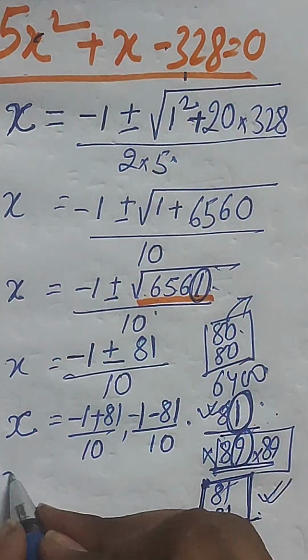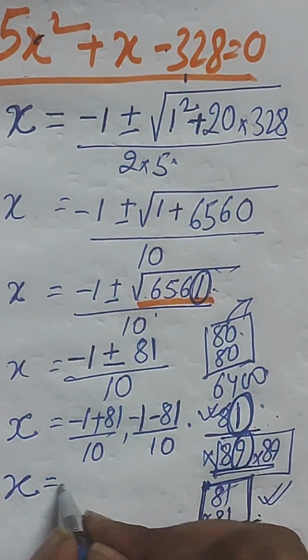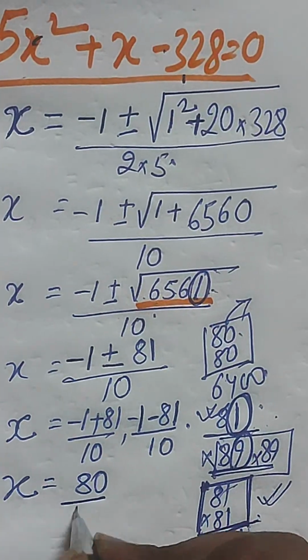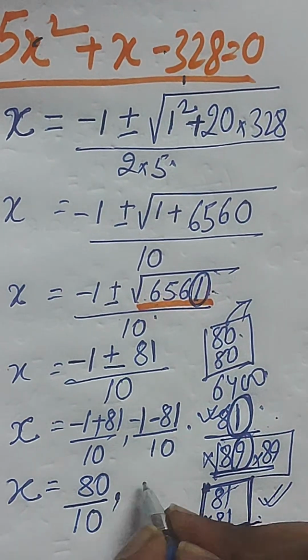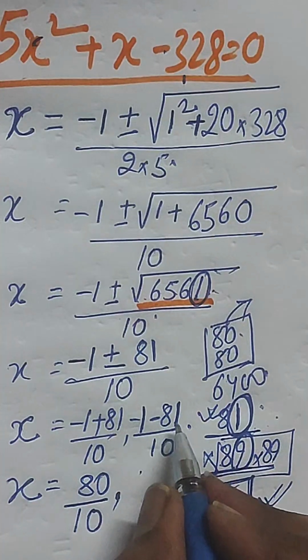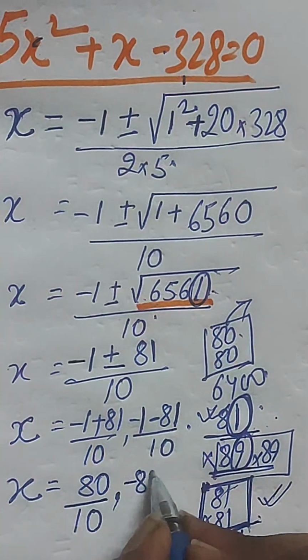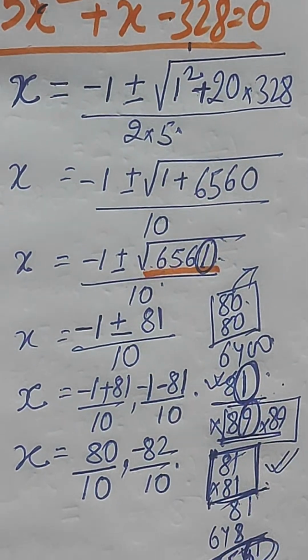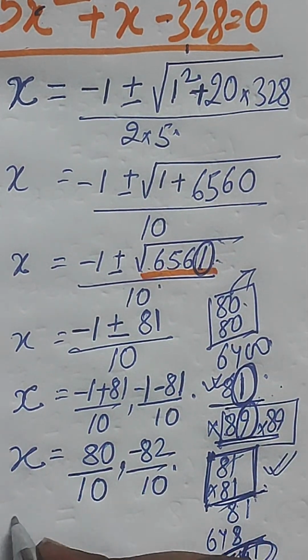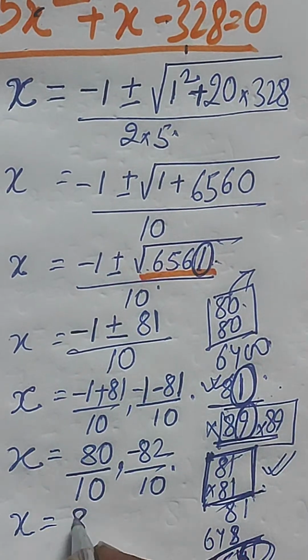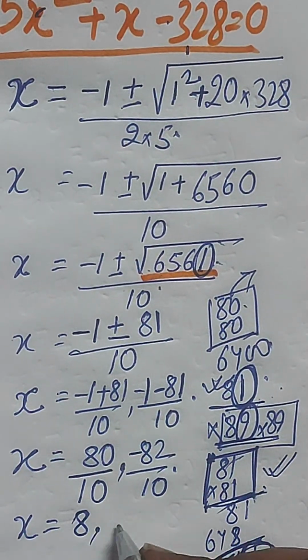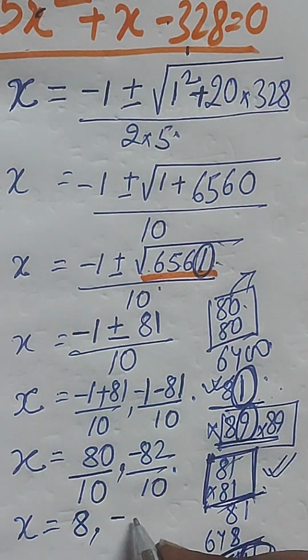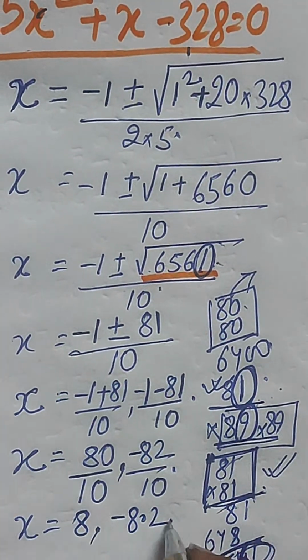So this will give you the value of x as 80 by 10 and another as minus 82 by 10, right? So you get the value of x as equal to 8, which is your valid answer, and the other value of x was coming as minus 8.2, right?